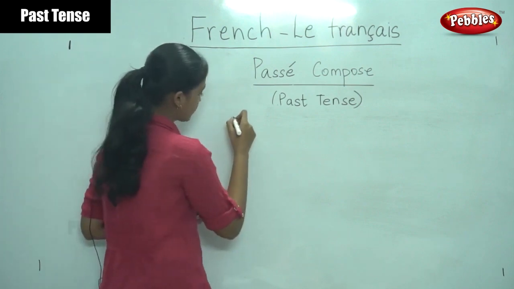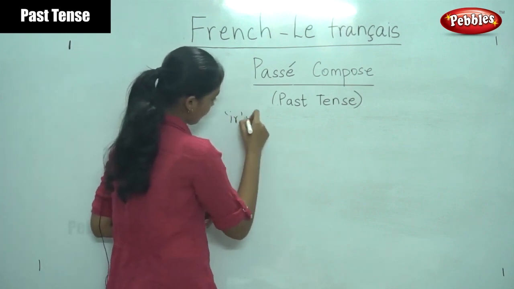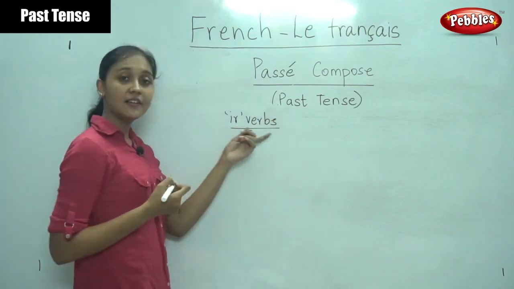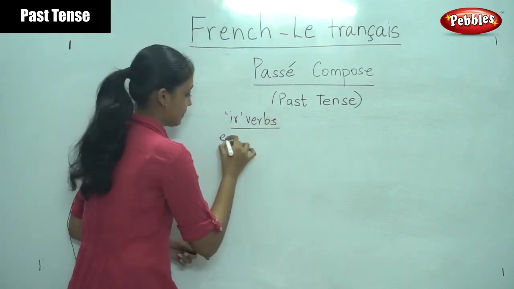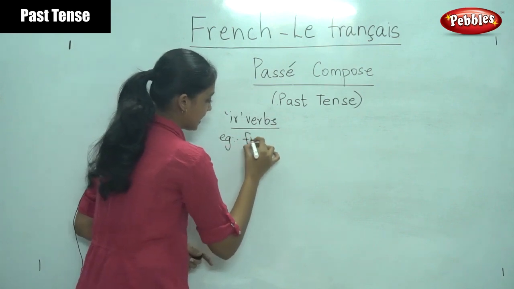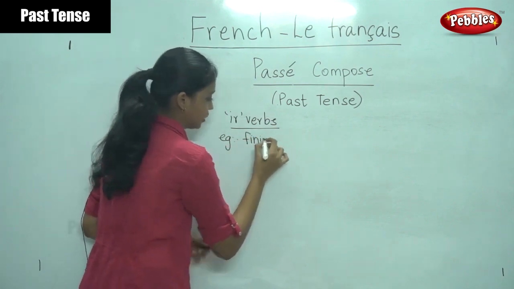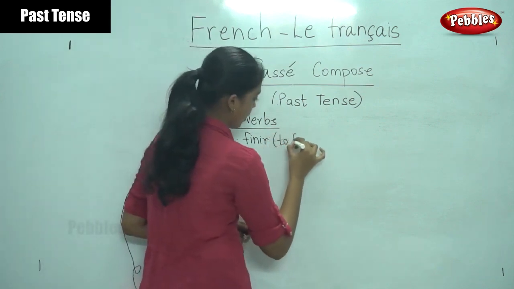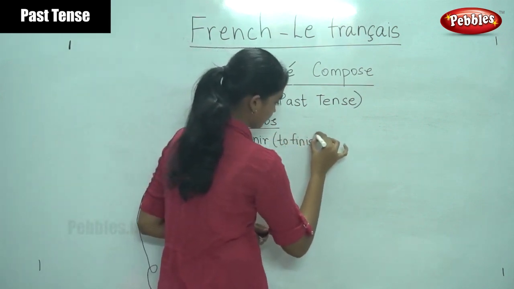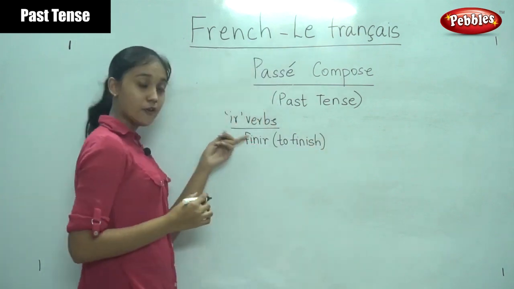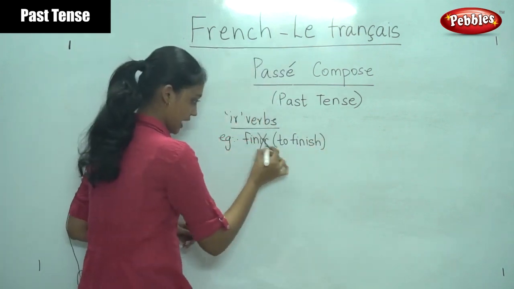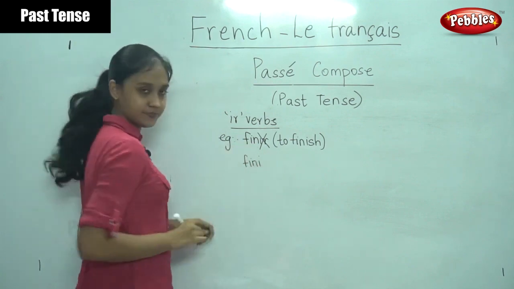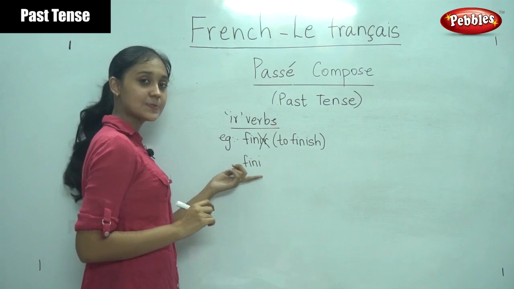For IR verbs. For the IR verbs, for example, let us take finir. Do you remember the verb finir? It means to finish. So the rule for IR verb is you would remove IR and replace it with I. So this is your past participle.